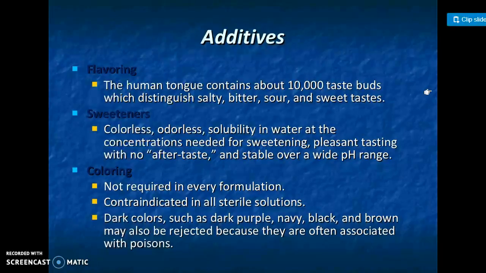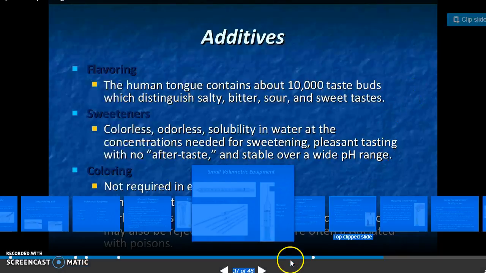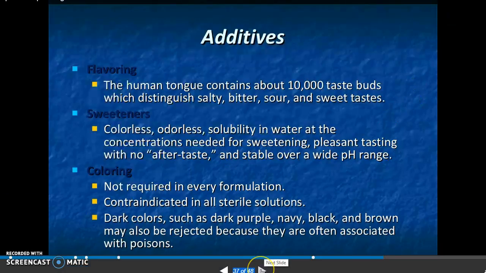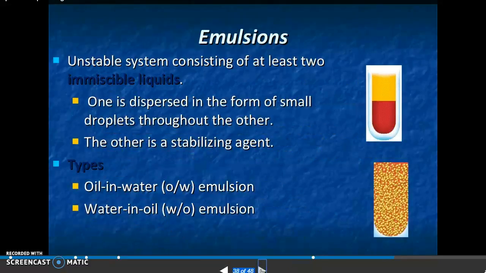Dark colors are not used, like dark purple, navy blue, black, brown. But you see red, green, orange. You have something called the purple pill, Nexium. Again, it's to make it a little more appealing to take. It's not for every formulation, and of course, you don't want to color sterile solutions. Usually, sterile solutions are clear.